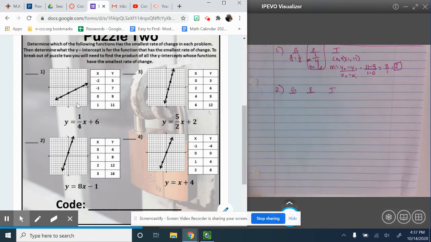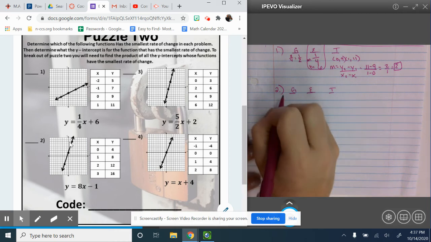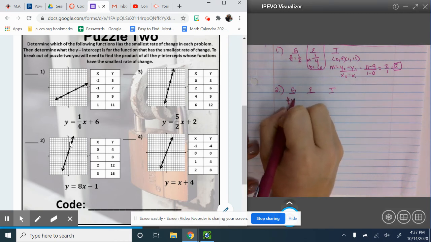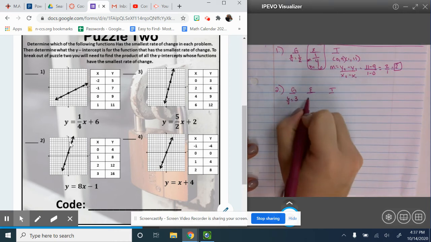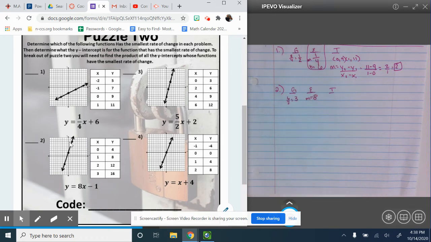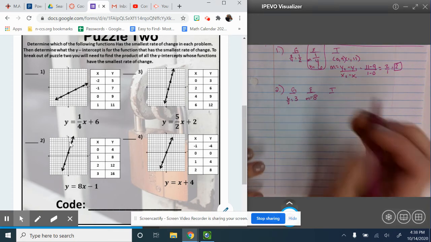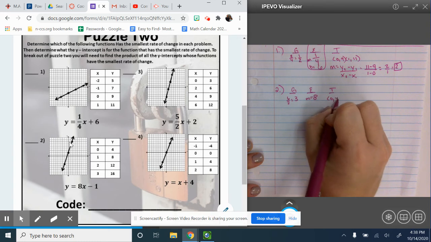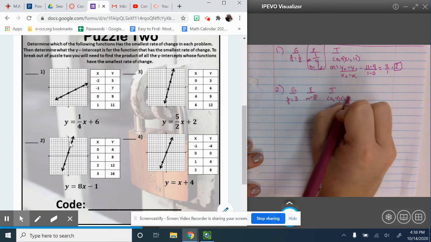So number 2, you have the graph, you have an equation, you have a table. On the graph, you're going to go up 1, 2, 3, 4, 5, 6, and to the right 2. So 6 over 2 will give you 3. On the equation, your slope is 8. And then on the table, we're going to have to pick points. I'm going to use (0, 4) and (1, 8).